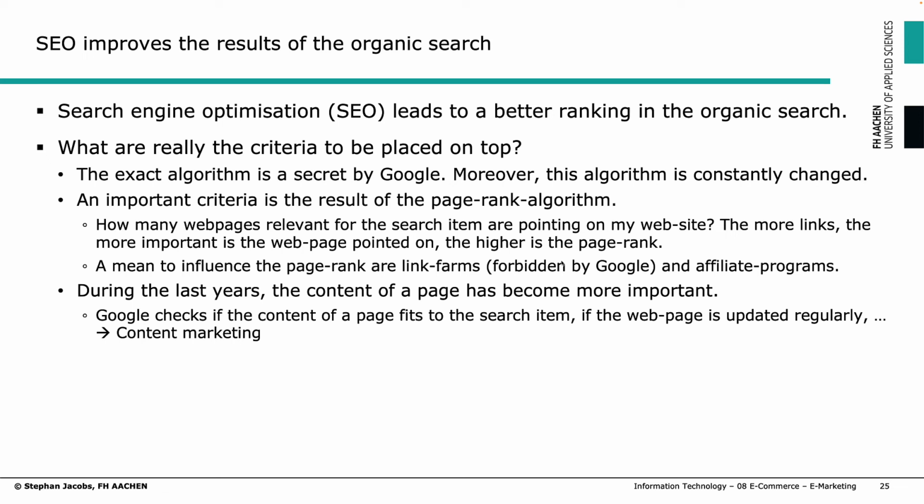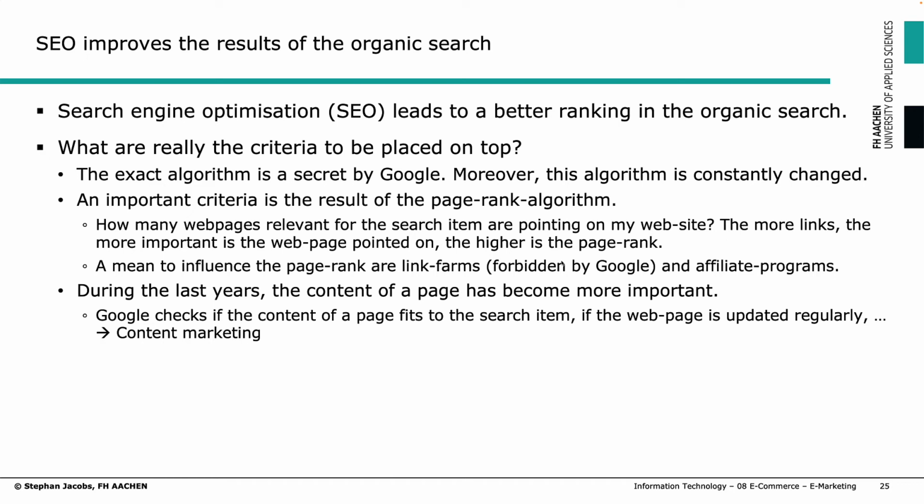So what are really the criteria to be placed on top? Actually, the exact algorithm is a secret of Google, and moreover, this algorithm is under constant change. In the past, an important criterion has been how many links are going to your site. So if many other websites put a link on your site, it must be somehow important.